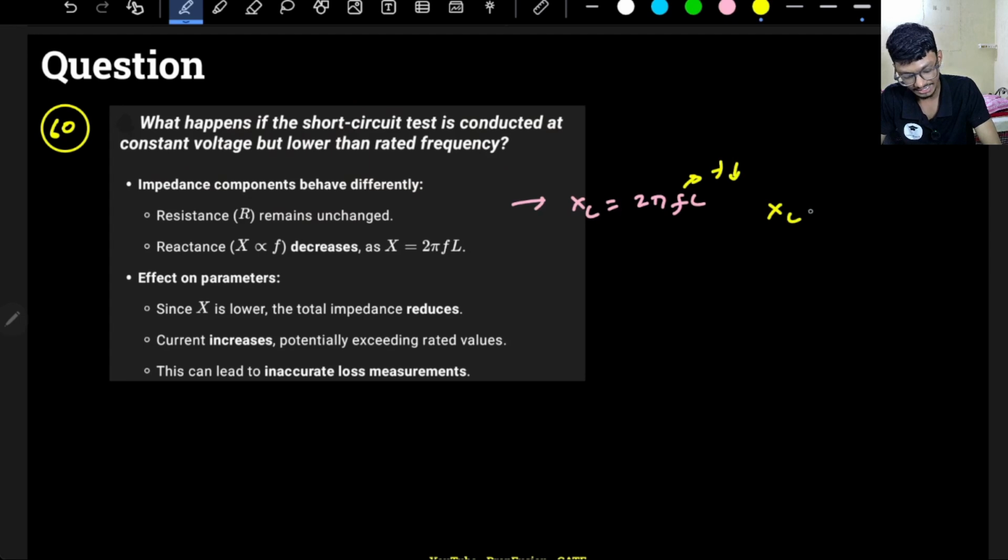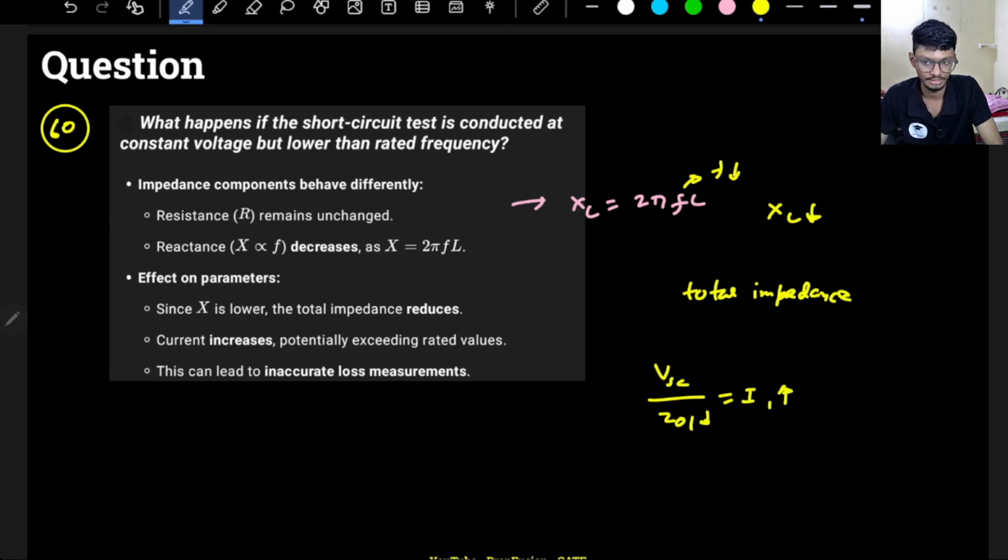If F reduces, XL reduces, and that means the total impedance reduces. If the total impedance reduces, the current will increase. If I am giving the same short circuit voltage and the overall impedance reduces, the overall current will increase. That's it. So this can lead to inaccurate loss measurements.